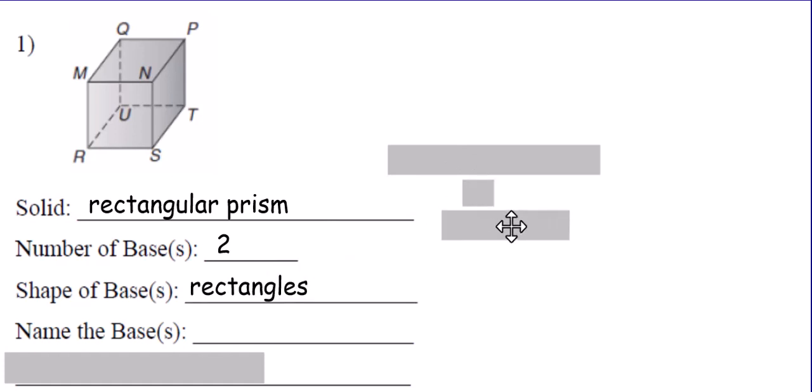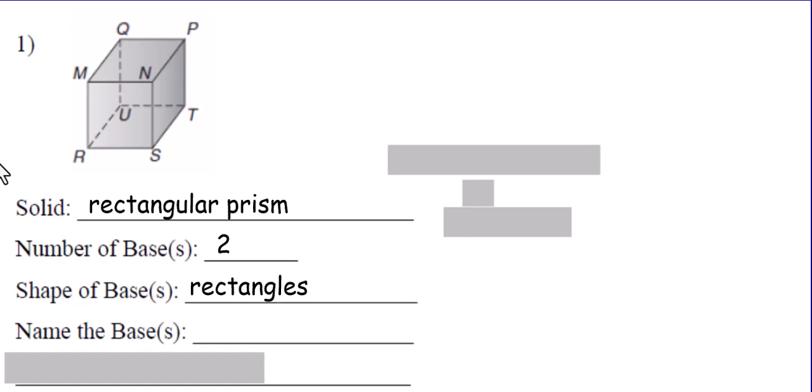If we call it a rectangular prism, that's why we name it as such, the shape of the bases has to be rectangles. Now, when we go to name the base or bases, for a rectangular prism, it can be any two parallel faces. So I generally will list the top and the bottom of the shape, but you could also list the left and the right, or the front and the back as well.